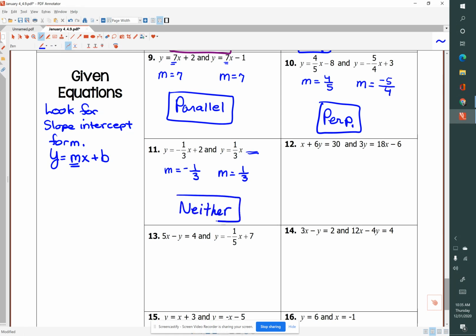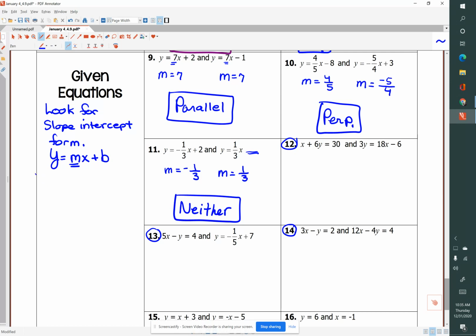And I would recommend that you go to Desmos or a graphing calculator if you have that. Go ahead and graph them, and you'll see that they're neither parallel nor perpendicular. Now, 12, 13, and 14. For these 3 problems, you are not given the slope-intercept form. These 3 problems are in standard form.